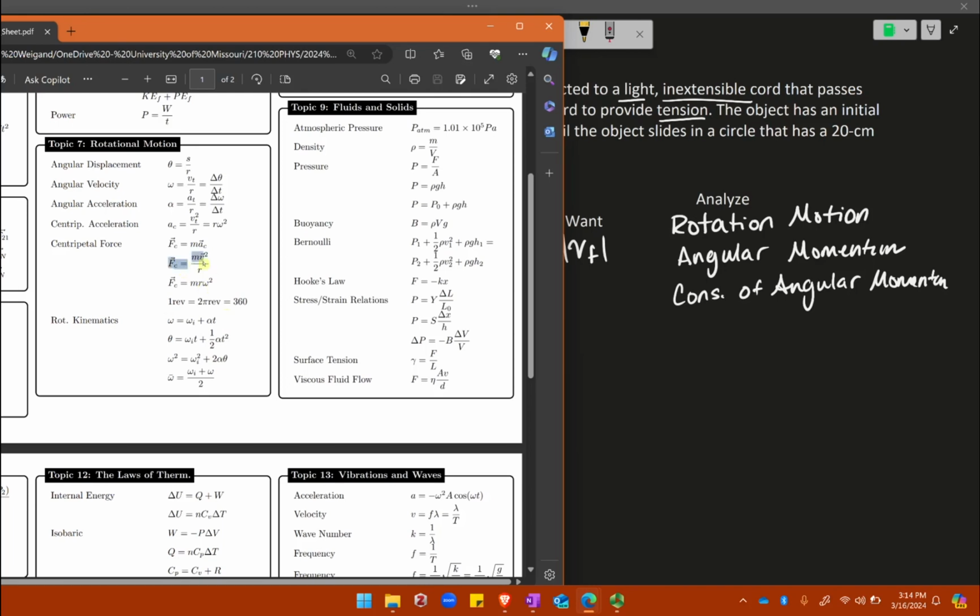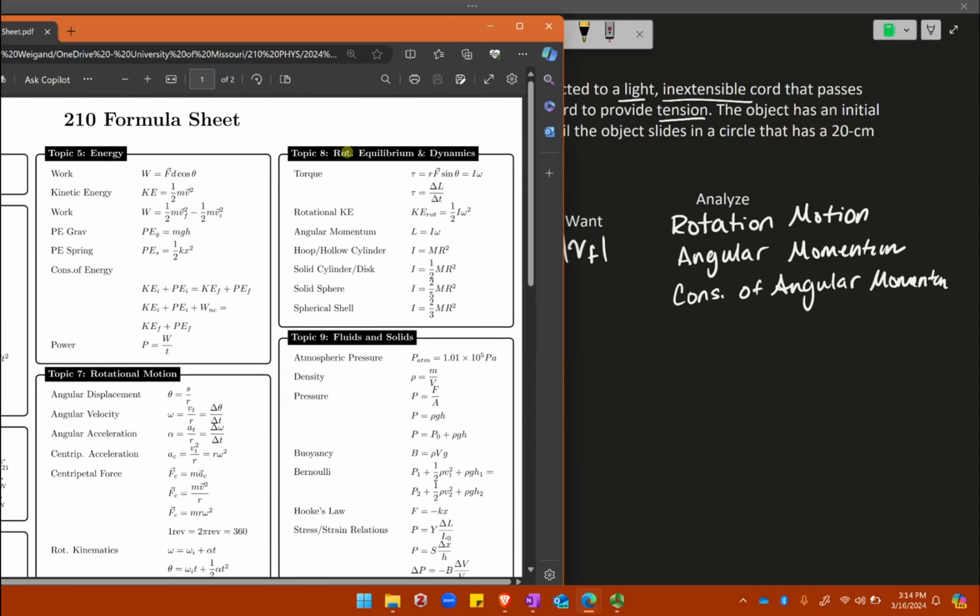You might be able to approach this with centripetal force, but that seems like it would be a very cumbersome way to approach this problem. Rotational kinematics is not going to help me because I don't have acceleration and I don't have time. So let me look at my rotational equilibrium and dynamics problems.